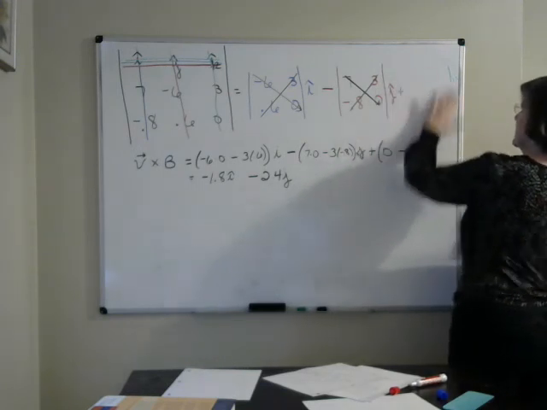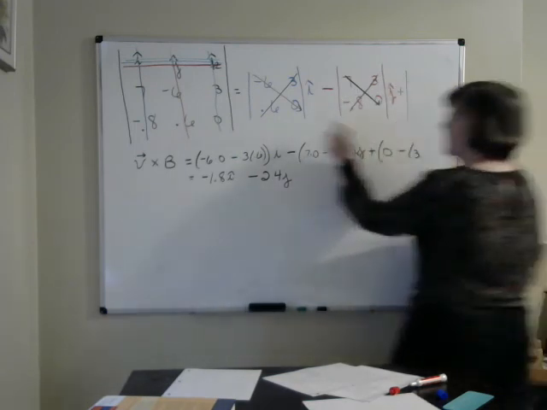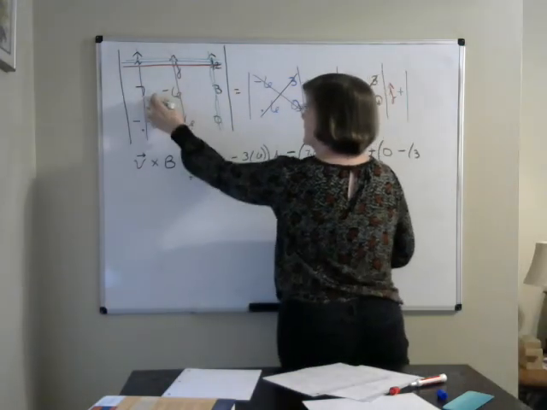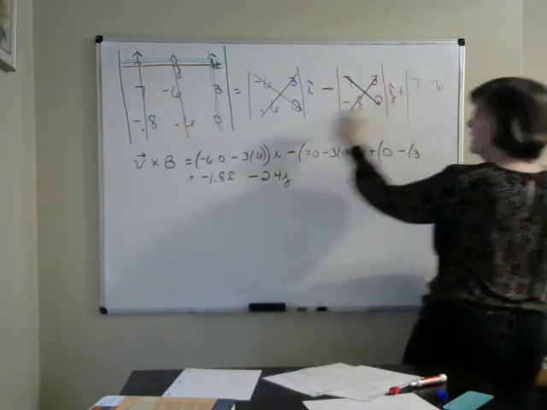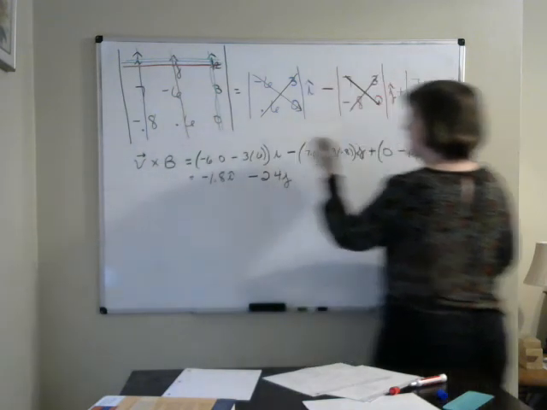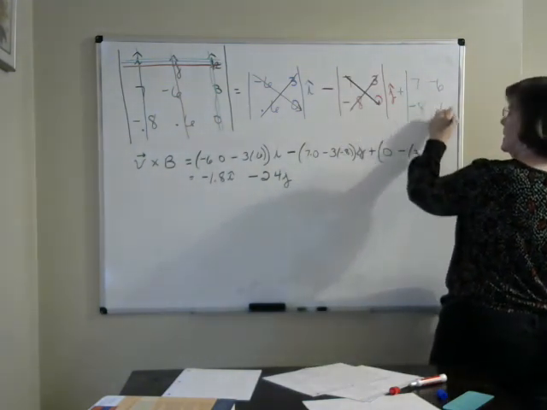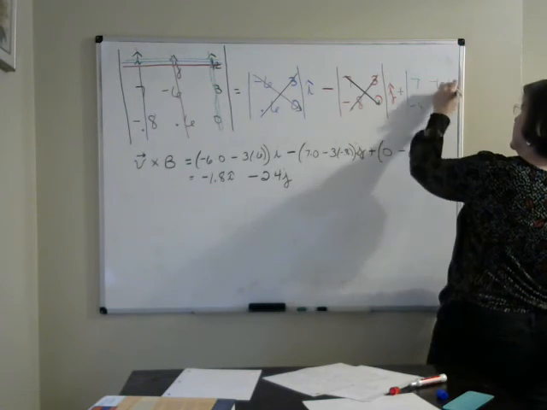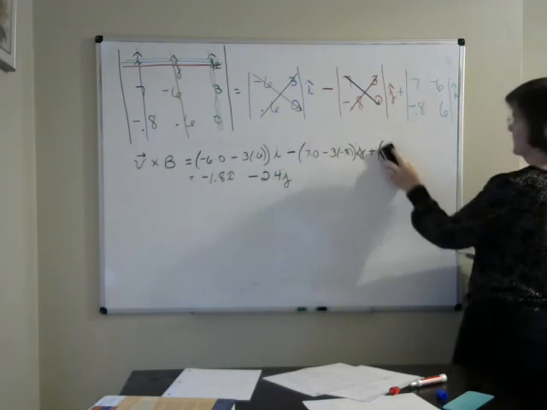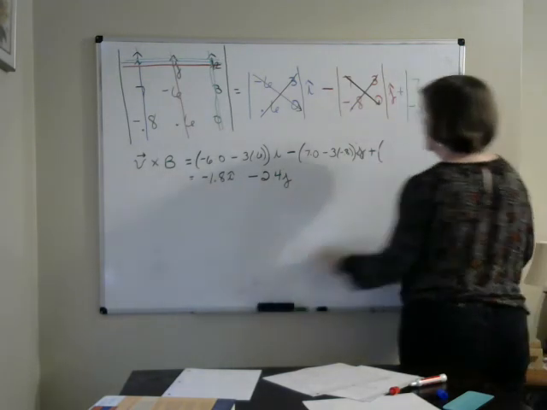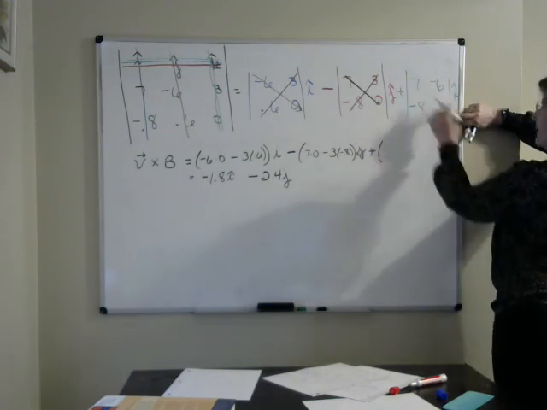Let's just do this last one completely over. When I take out this column, I'm left with 7, negative 6, negative 0.8, 0.6. And that's going to be our K component. Okay, so let's try that third one again. I'm going to do 7 times 0.6.